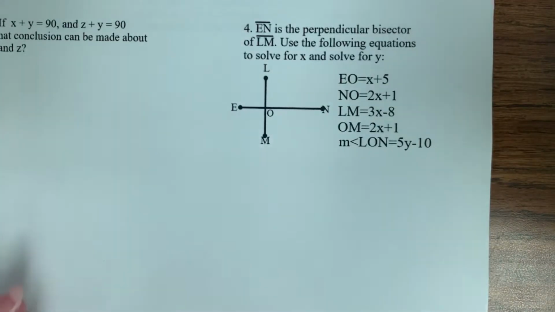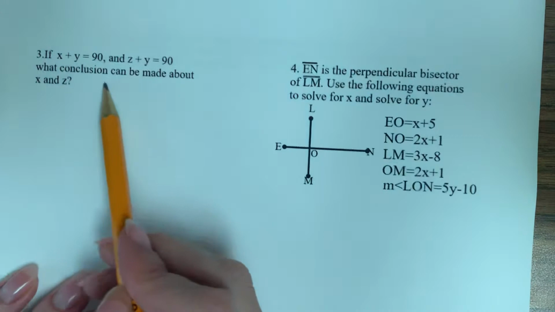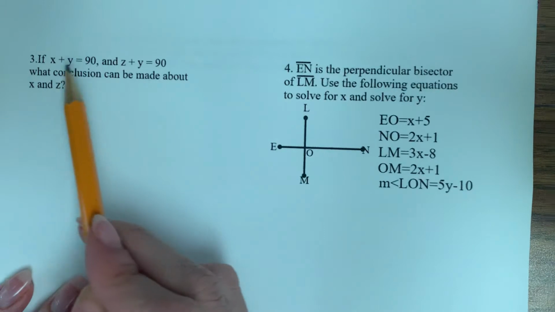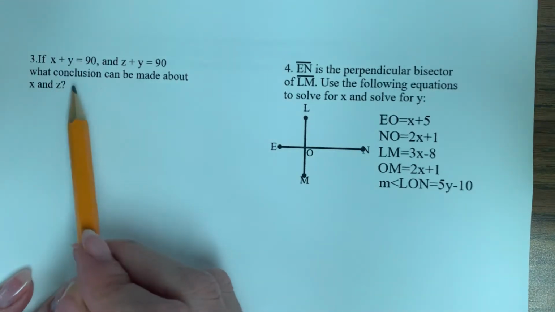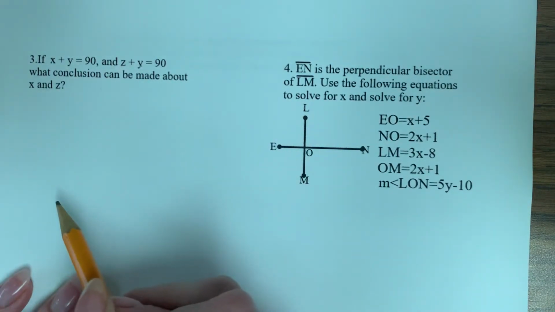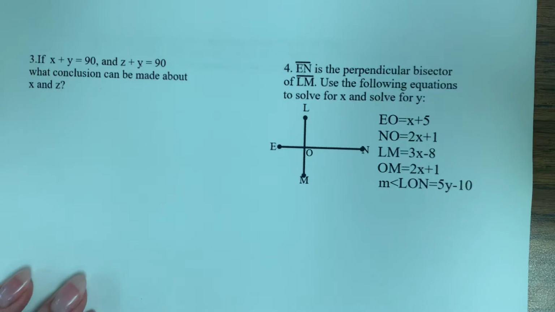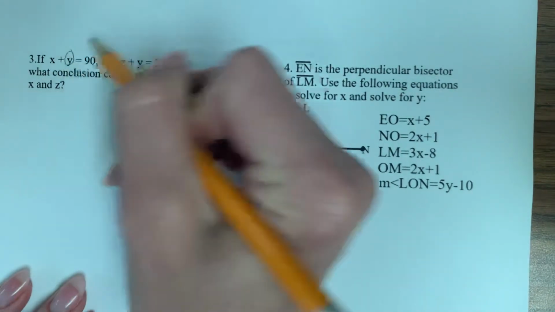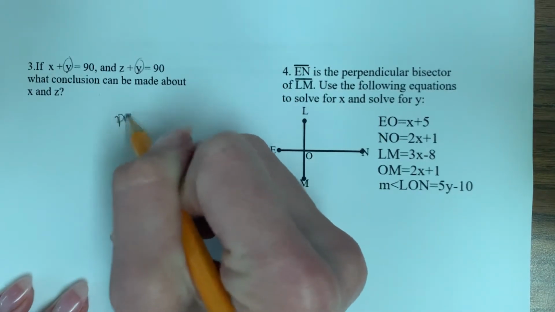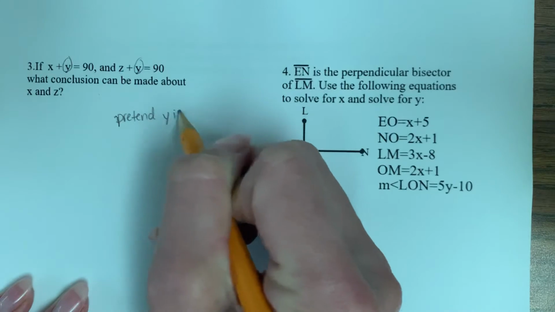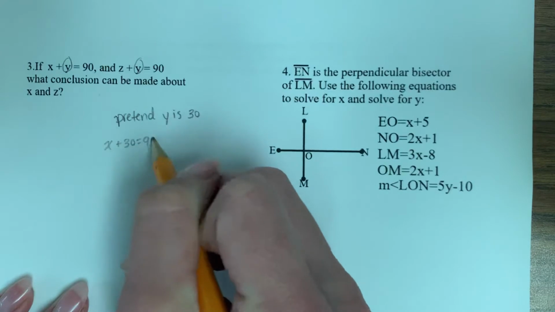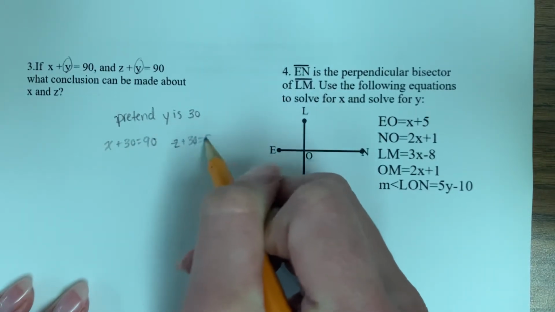For number 3, it says x and y are equal to 90 and z plus y equals 90. So what can we conclude about x and z? Now in this problem, you don't have the actual amounts for these variables. So you can try to make up numbers and see what would work. The key is that y is the same thing in both of them. So if you pretend y is 30, you would have x plus 30 equals 90 and z plus 30 equals 90.